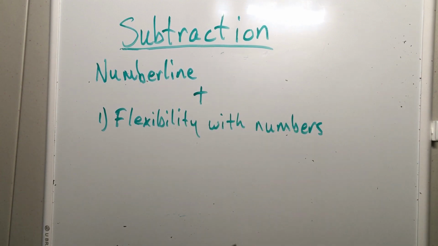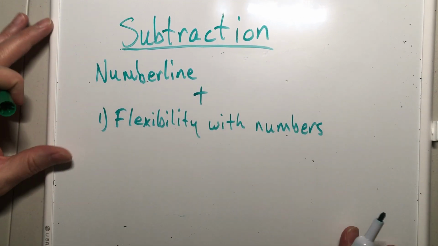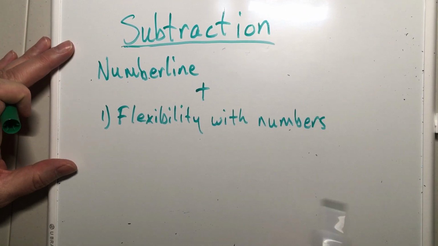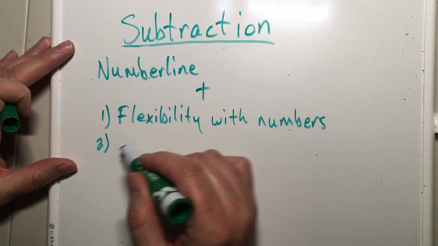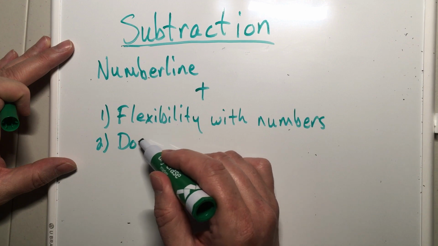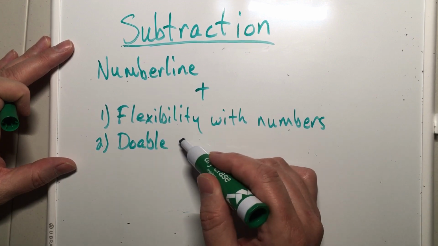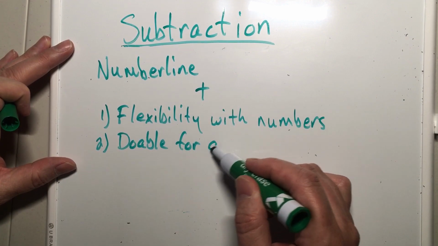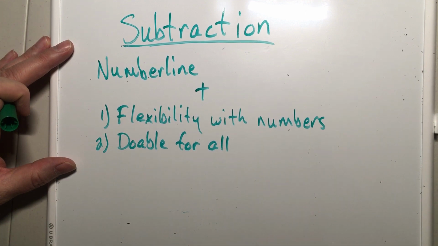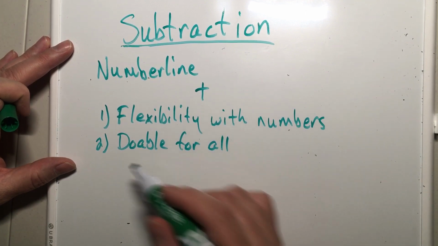They might be using chunking different numbers to get to the actual answer, but it's doable for all. Maybe I'll actually put that, doable for all. Okay. No borrowing.